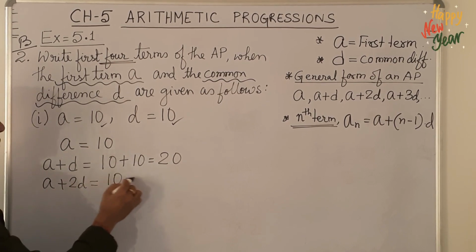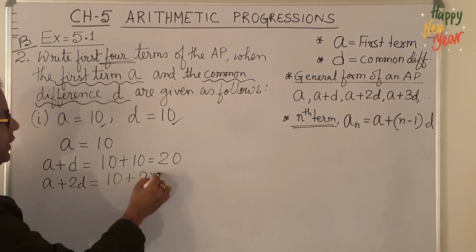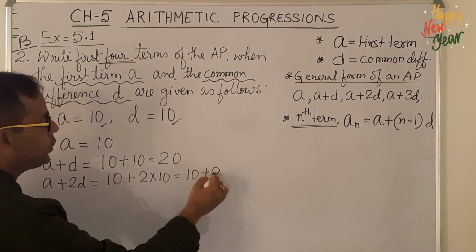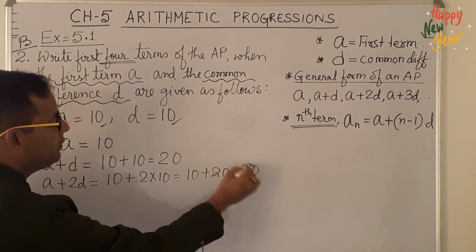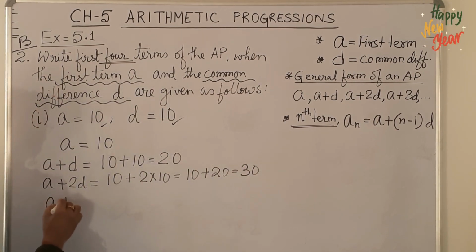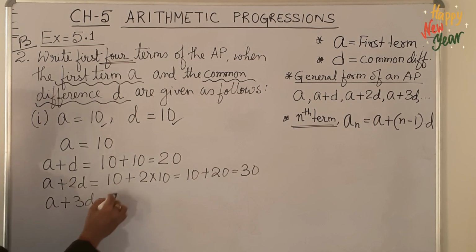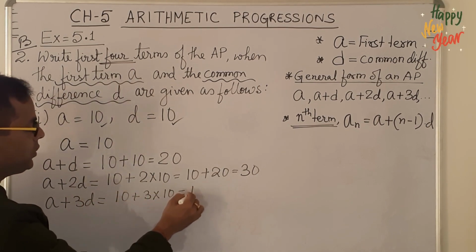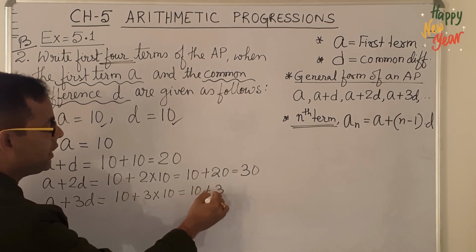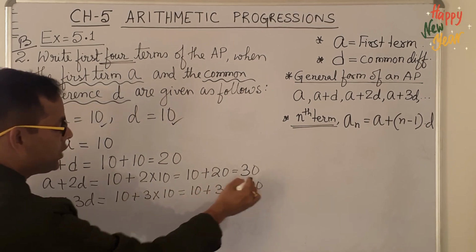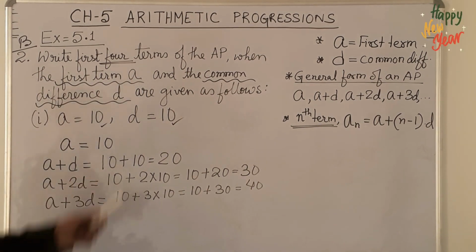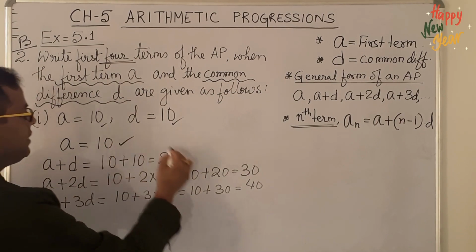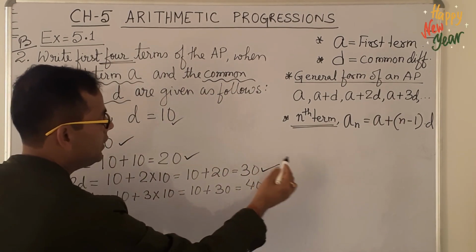So 10 plus 2 into 10, 20, so you get 30. And then A plus 3D. So 10 plus 3 into 10, 30, so you get 40. So you can see we got the 4 terms. First one is 10, then 20, then 30 and then 40.